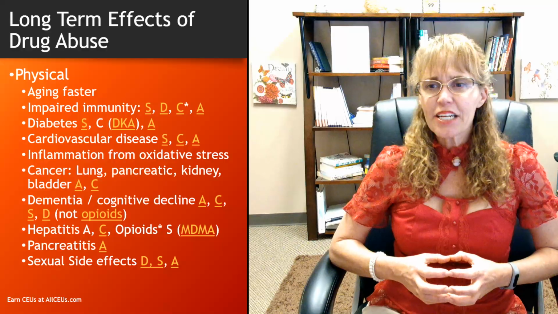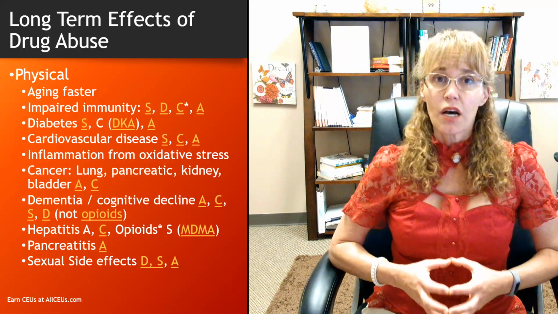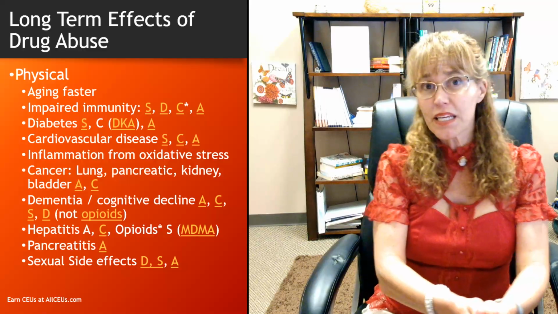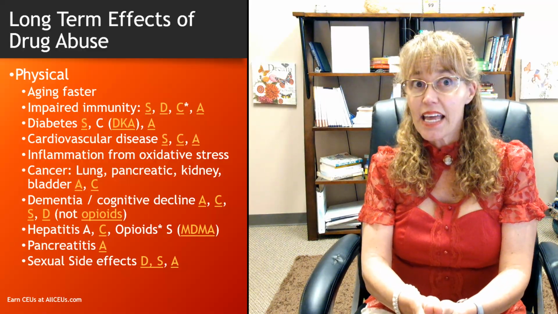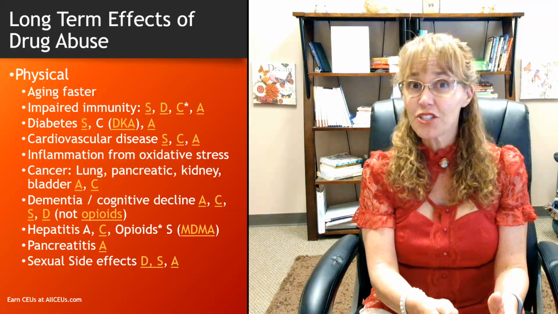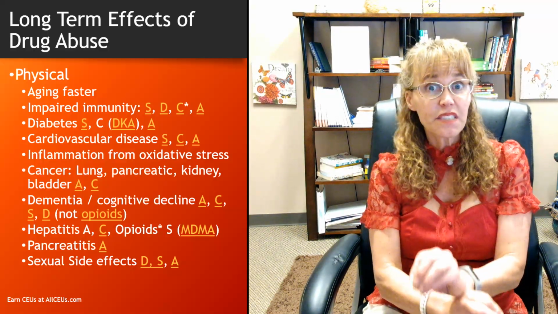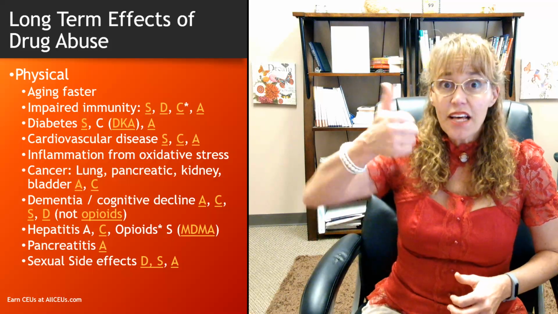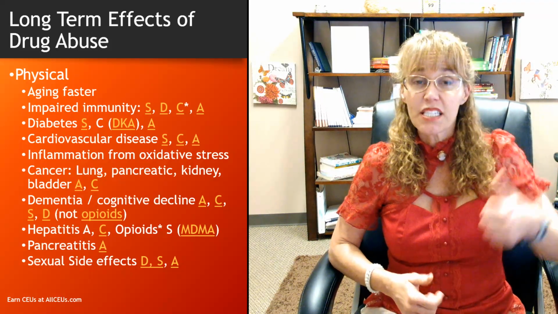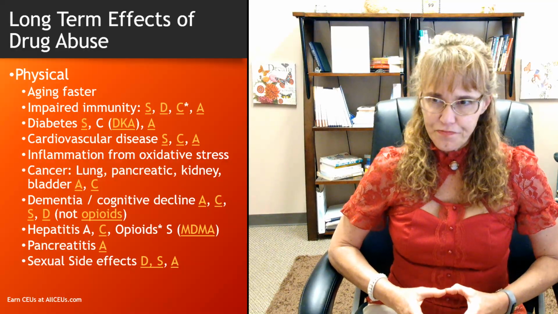Cannabis increases the risk of diabetic ketoacidosis. Cannabis in and of itself is being studied as a treatment for diabetes to help regulate blood sugar. However, again, it depends on the level of THC, and higher levels of THC increase the risk of diabetic ketoacidosis. Alcohol.